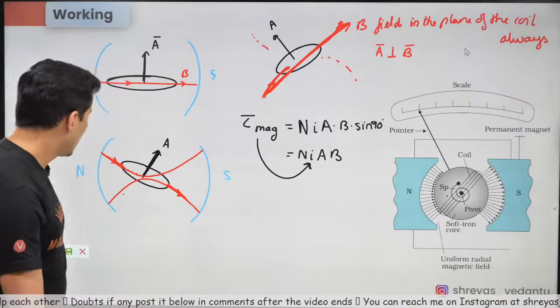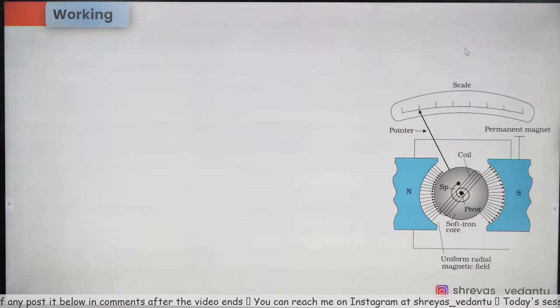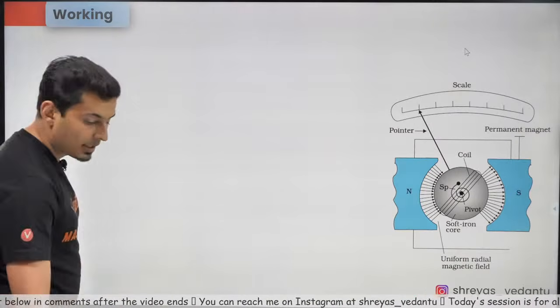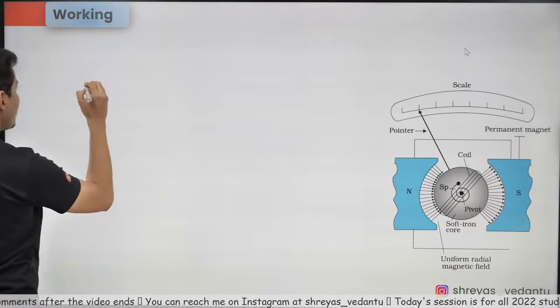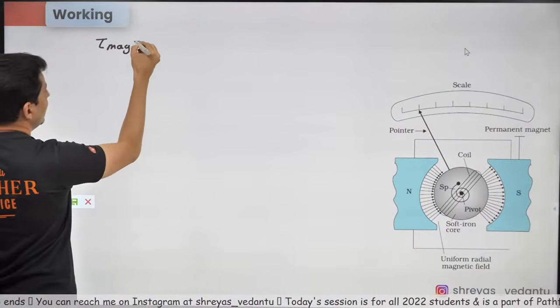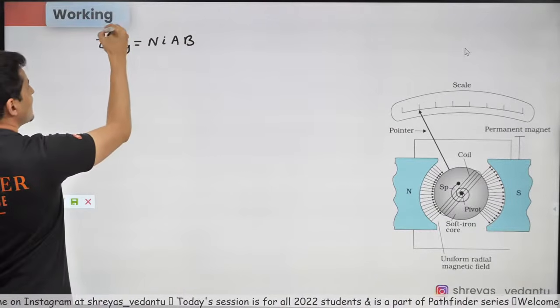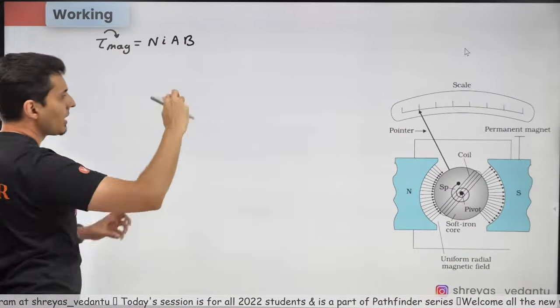Very, very important. Okay, once you get this, the next thing that you should understand is the torque by the magnetic field is always NIAB, which let's say rotates it this way.